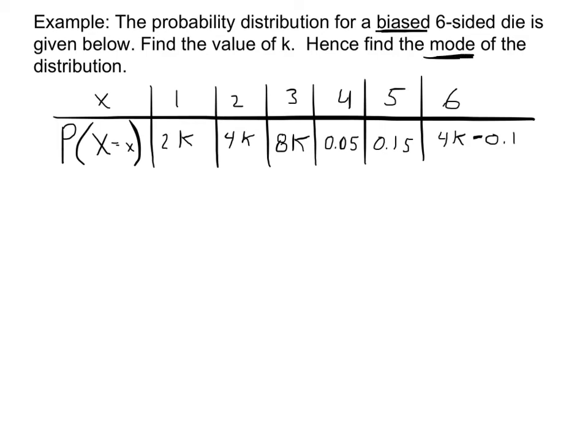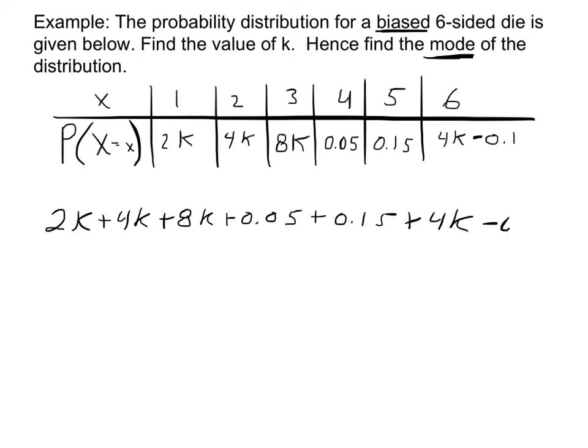So first, how are we going to find the value of k? The idea here is, remember that in a probability distribution, all of your probabilities have to add up to 1. So that means that 2k plus 4k plus 8k plus 0.05 plus 0.15 plus 4k minus 0.1, that all has to be equal to 1.